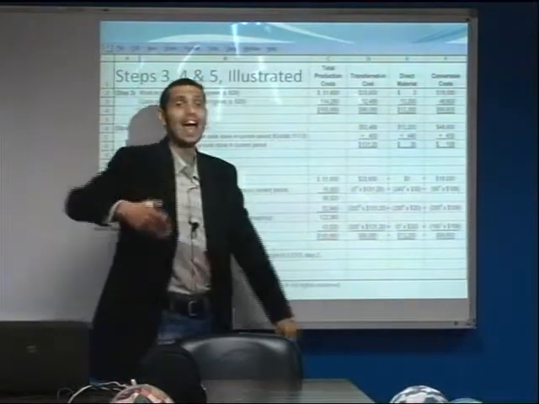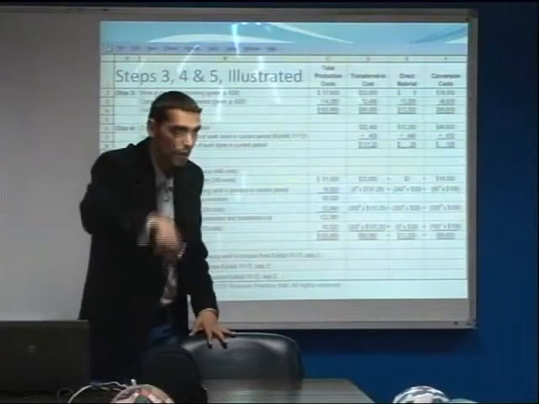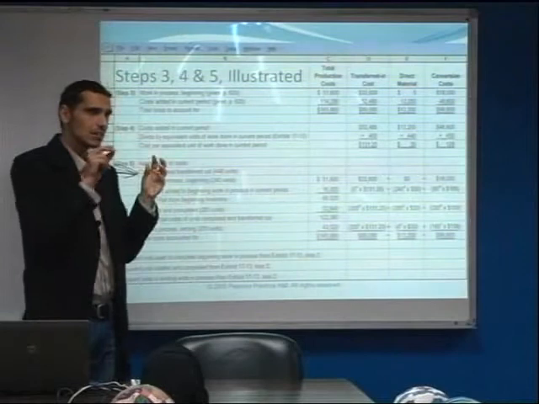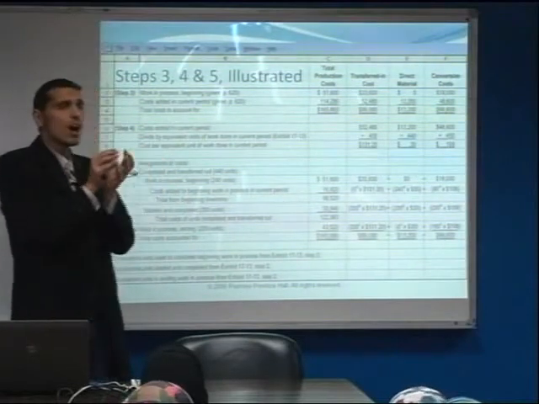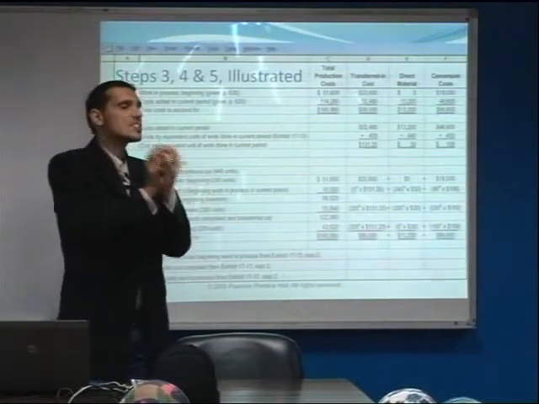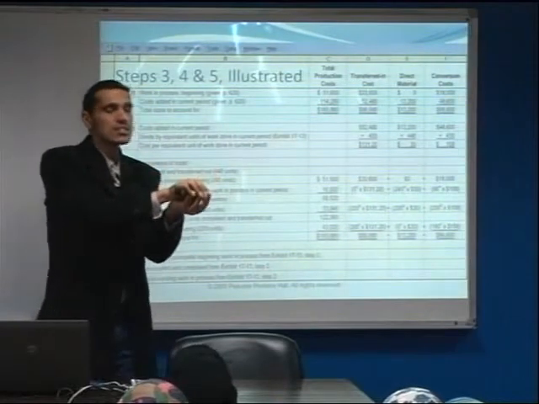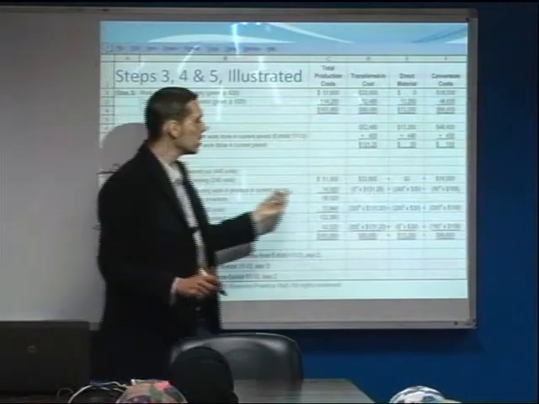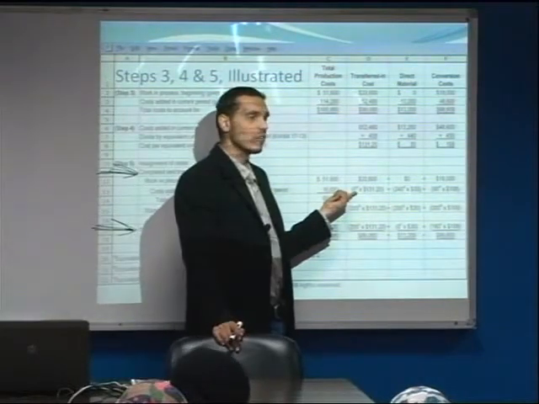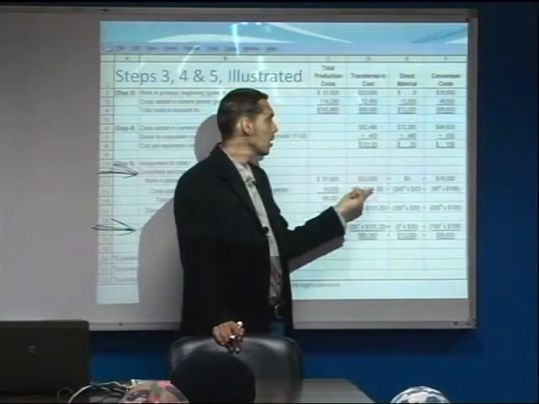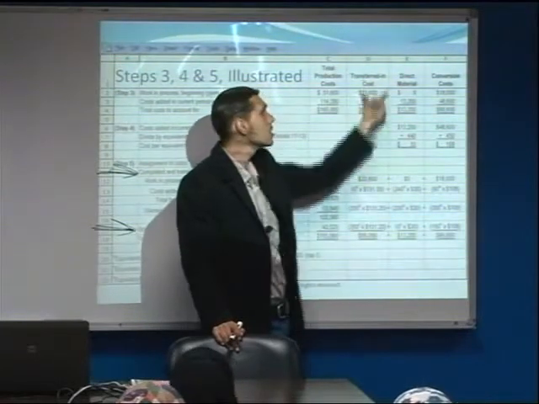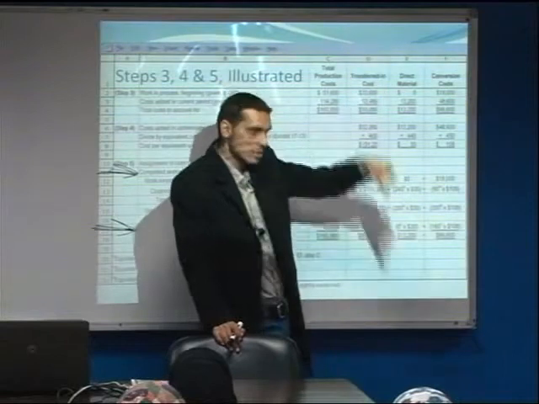Of course, we have added some costs in this month in order to complete the beginning work in process and transform those units from work in process into finished units. Therefore, we have added 0 equivalent units multiplied by the cost per equivalent unit, so we have added $0 as transferred in costs in this period.